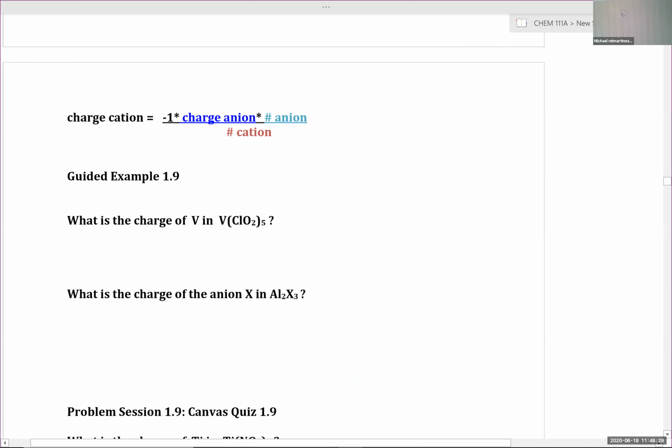In this case, we're asked to figure out the charge of vanadium in vanadium chloride. Would someone like to tell me what is the charge of chloride? -1.